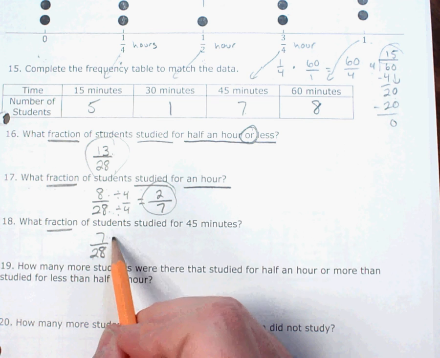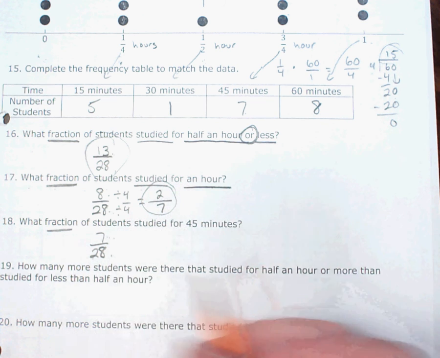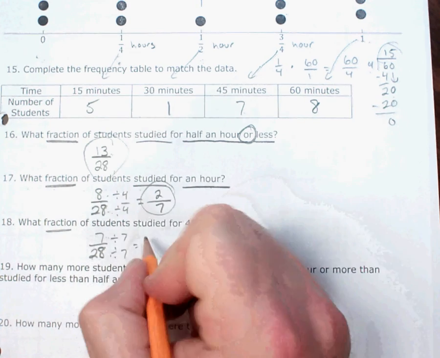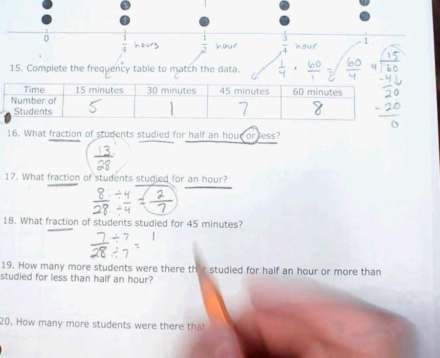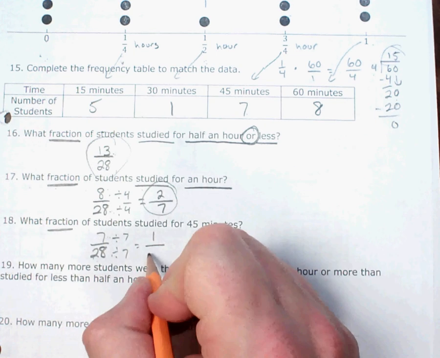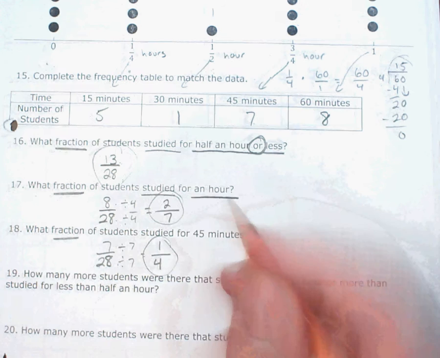Will 28 divide by 7? If the answer is yes, I can simplify it. If the answer is no, I can't. Well, the answer is yes, so I can divide top and bottom by 7. 7 divided by 7 is 1. 28 divided by 7 is 4. So I get 1/4 as my answer.